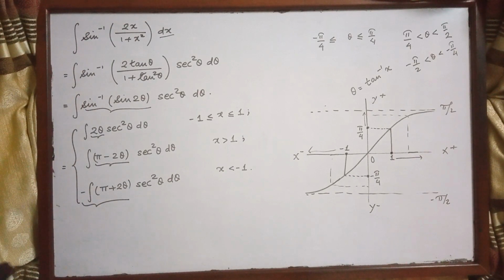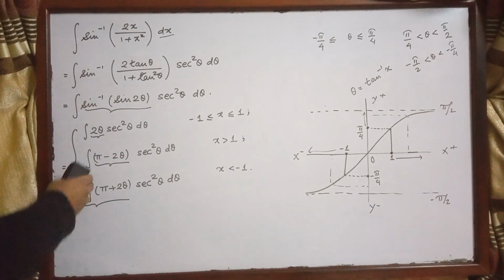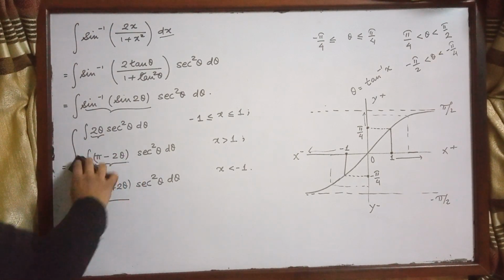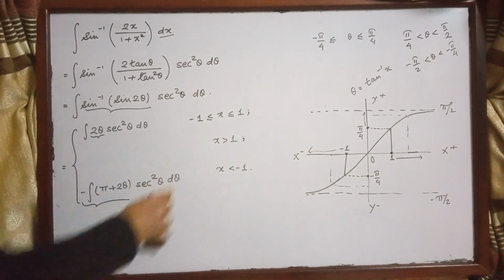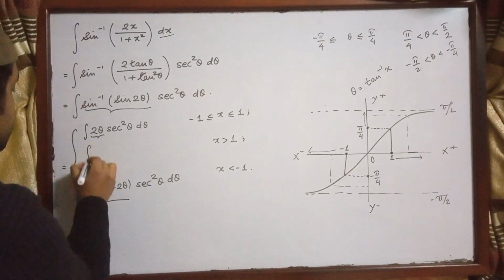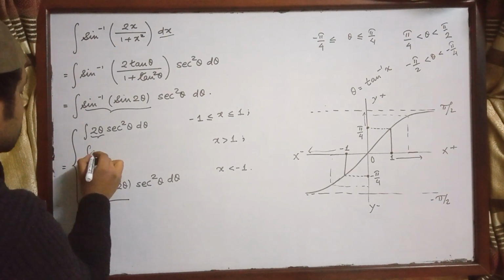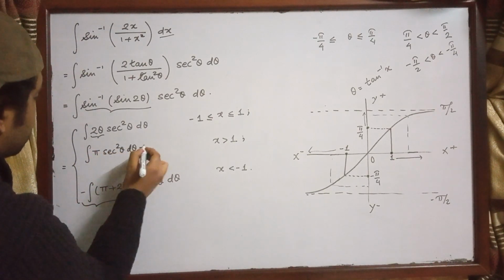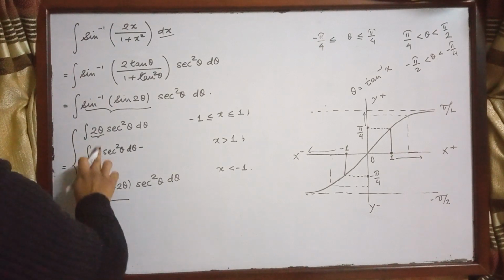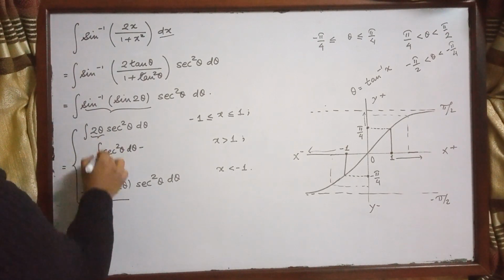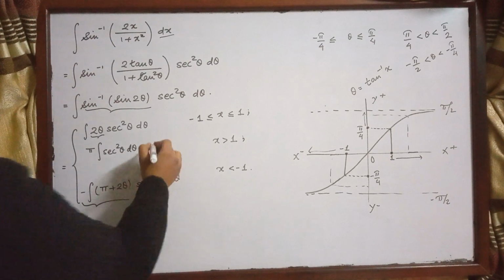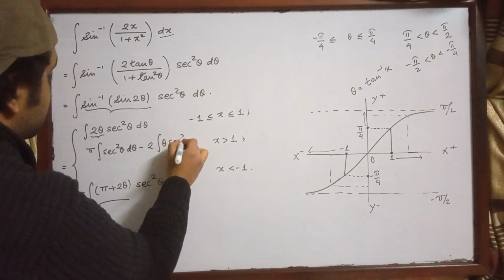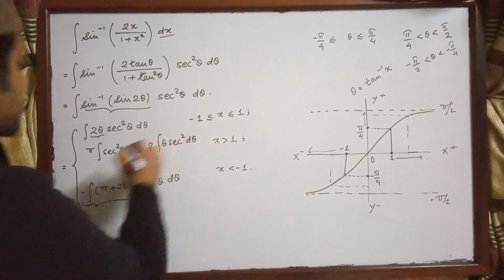Now let's simplify this part of the integral. This can be written as pi minus twice theta, right? So integration of pi sec squared theta d theta minus, so this pi gets out of here, and this is twice integration of theta sec squared theta d theta.